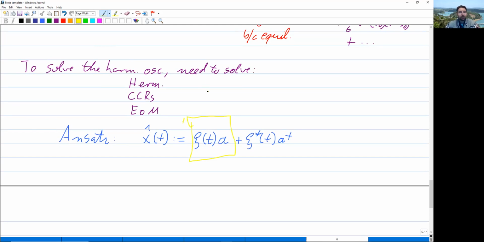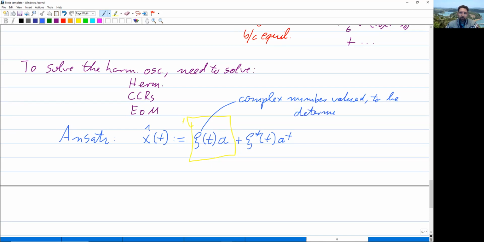We have one factor, namely the psi of t, which is a complex number valued function, so it has no non-commutativity, and is to be determined.